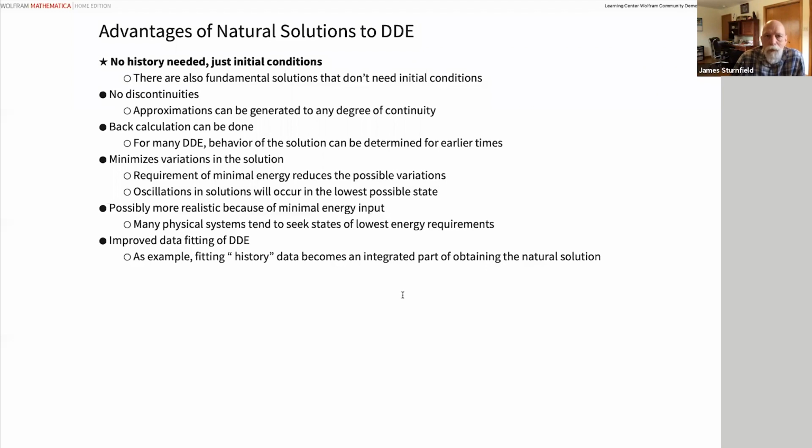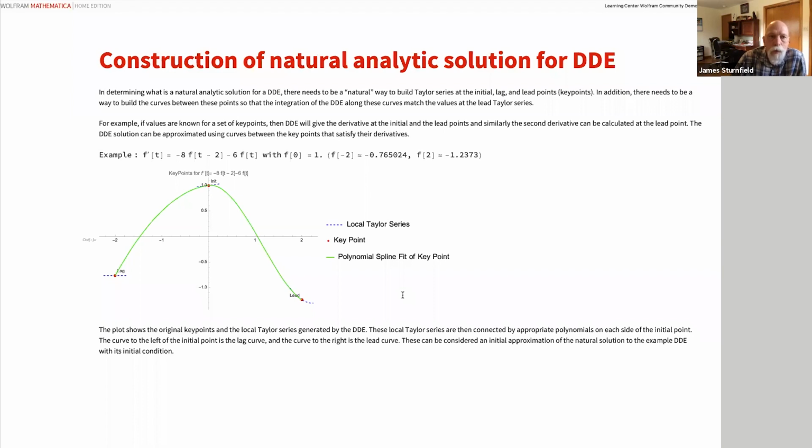The main thing though is a lot of times that initial history may just be the trivial zero solution, especially for like linear equations. So we want to construct these natural solutions, and basically what we do currently would be an iterative process where we would guess at what the lag, link, and initial points, the key points are.